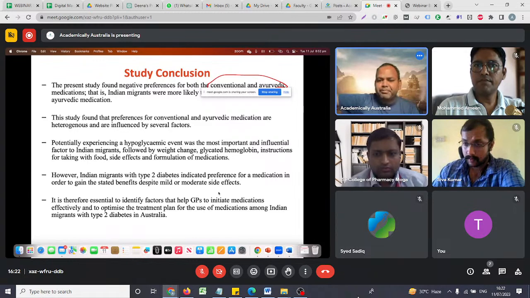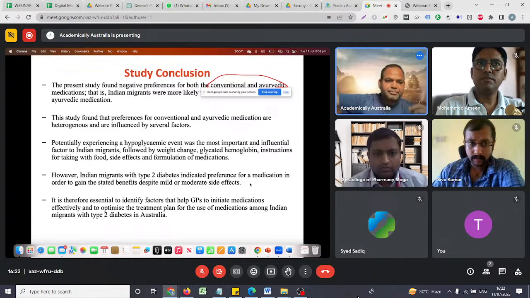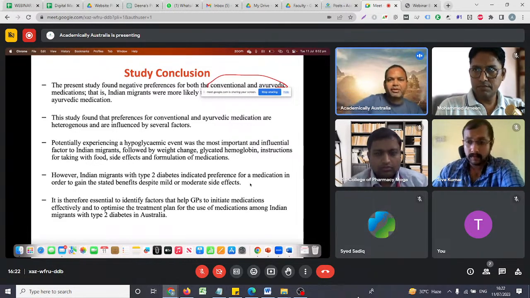So they know all medications have side effects, still they want to use the medication they need. It is therefore essential to identify factors that help doctors initiate medication effectively and optimize the treatment plan for migrant patients in practice in Australia.